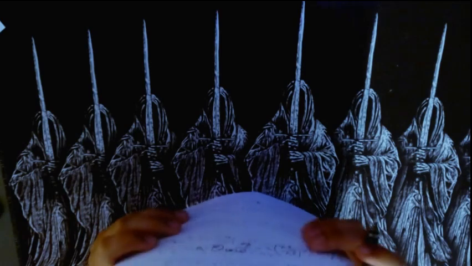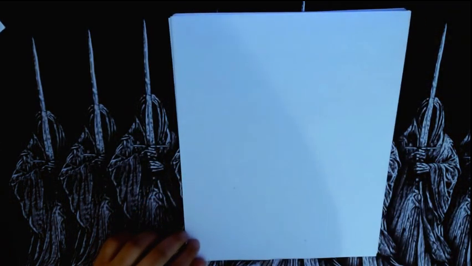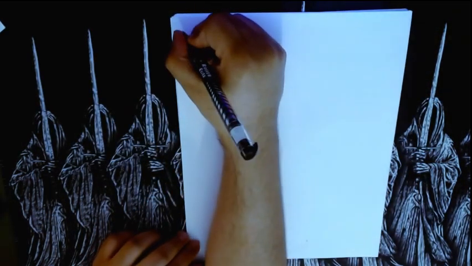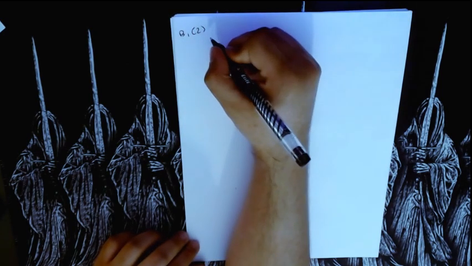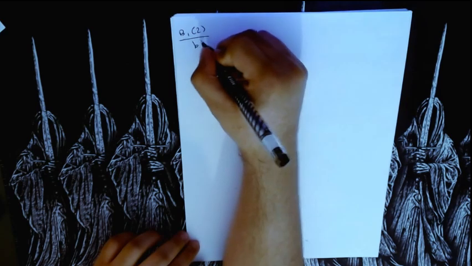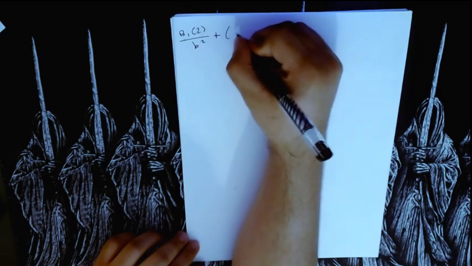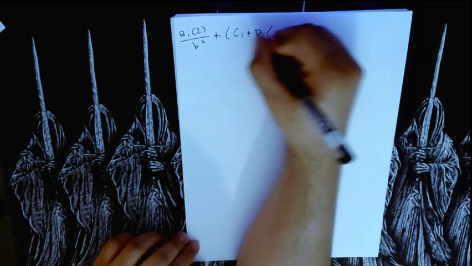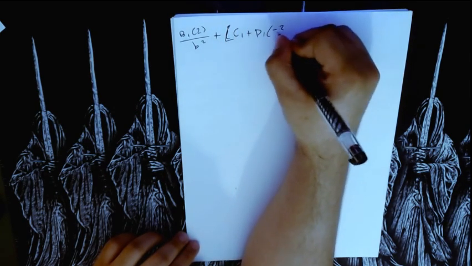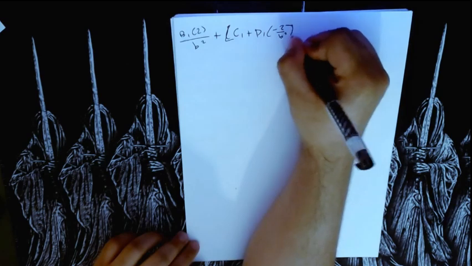Okay, let's continue this. And then we're considering for when L does equal 1, then we'll just have B sub 1, that'll be 2 over B cubed, B sub 1 plus C1 plus D1, negative 2 over B cubed, right?